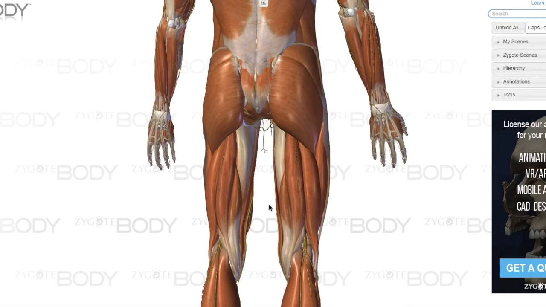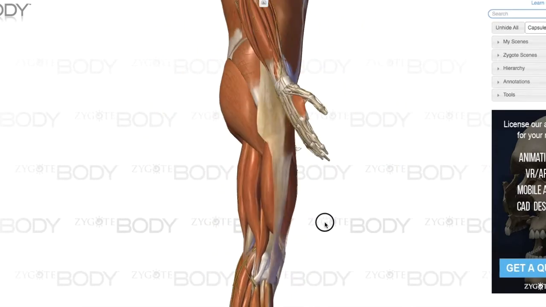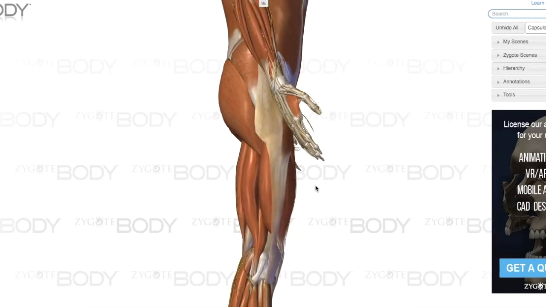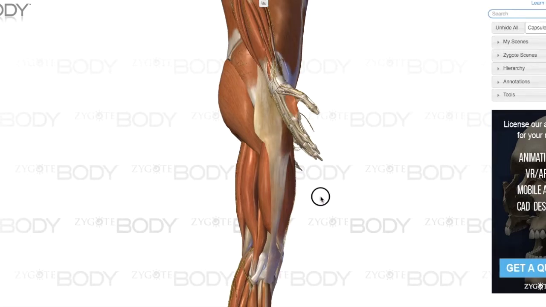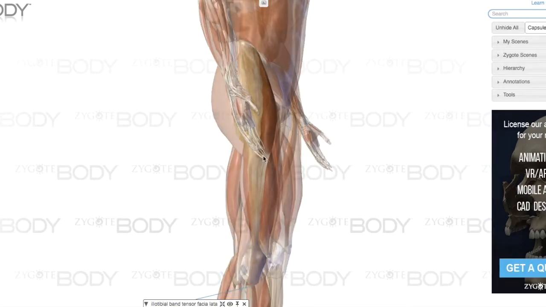I'm not going to cover too much in depth of what muscles, you can watch the knee anatomy video if you're interested. I'm just going to generally talk about the muscle groups that are involved. If you look at it from the side view, we also have the TFL, or some people call it the iliotibial band.